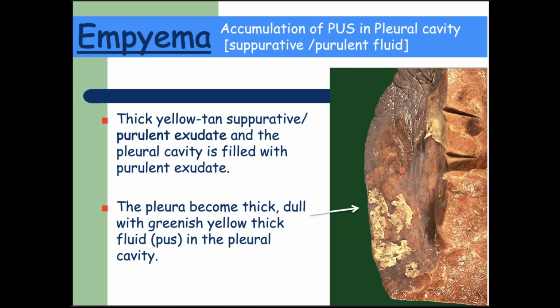When it's full of pus, we call it empyema of the gallbladder. And also in the brain, in the subdural space in the cranial cavity, if there is pus in the subdural space, we call it empyema of the subdura. So these are two other places where this word is used, but more commonly it is used in the pleura.